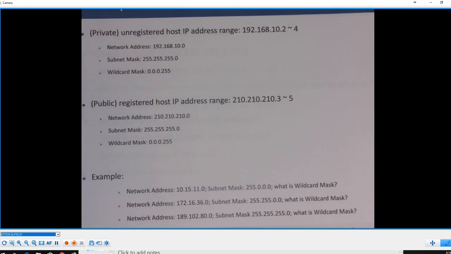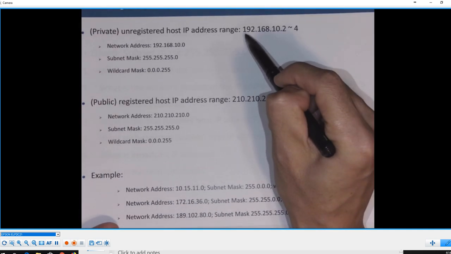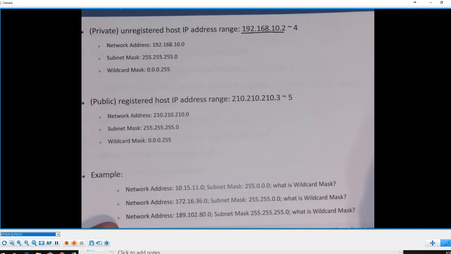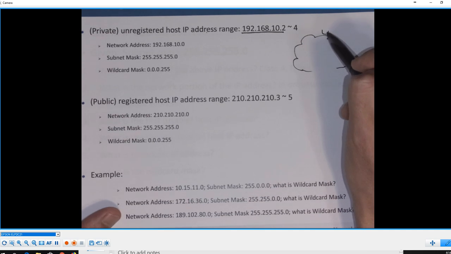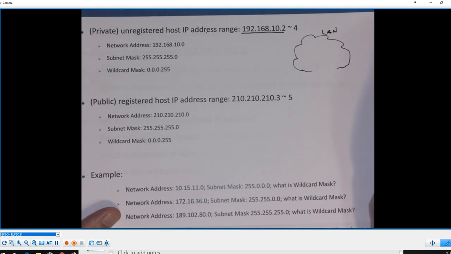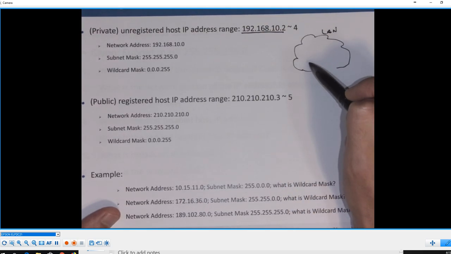Okay, so let's do a couple of exercises. Let's say we have this IP address. And then in the local area network, LAN, we have this private IP address.